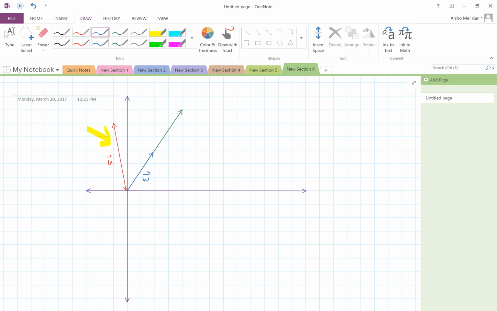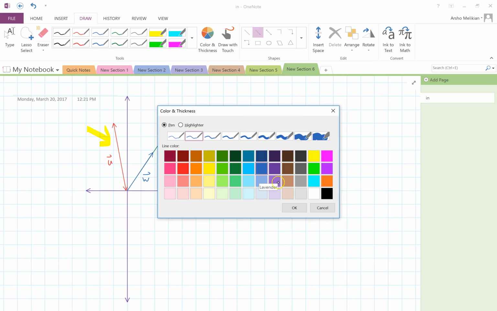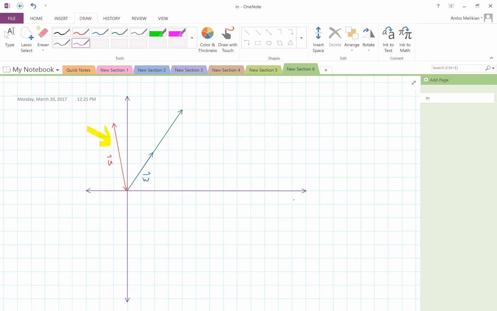Now, what was the other vector that we found? Vector Z. What color? Let's do rose. So -3, 2. 1, 2, 3. 1, 2. Check it out.